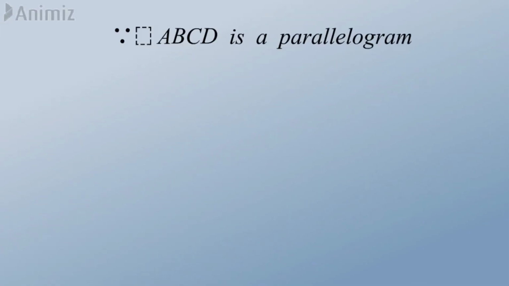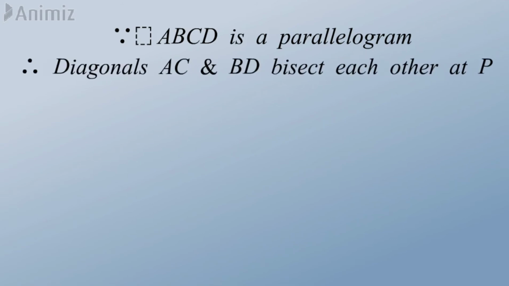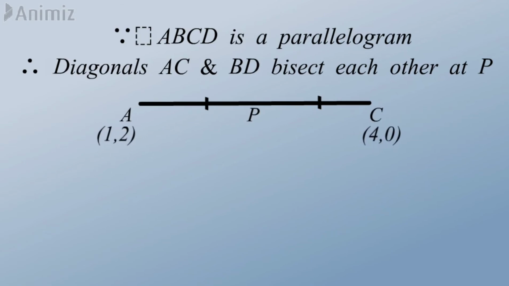So you have to write, since quadrilateral ABCD is a parallelogram, the diagonals AC and BD bisect each other at P. Now you have to consider any one diagonal. Now I will consider AC because I know the coordinates of A as well as C. I'll consider them as x1, y1 and x2, y2.